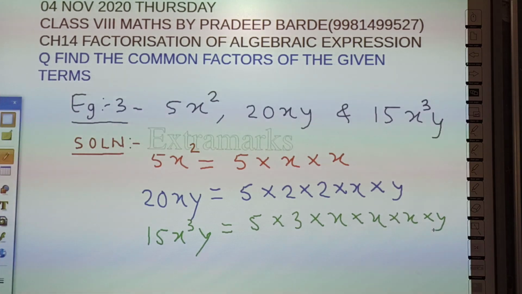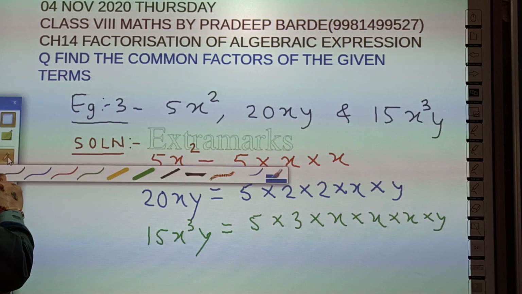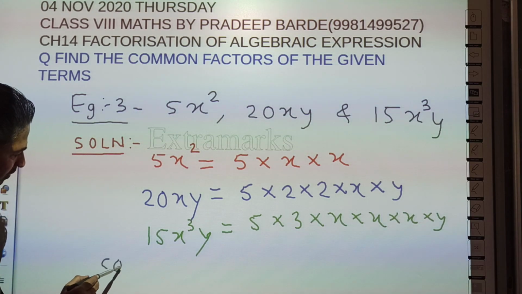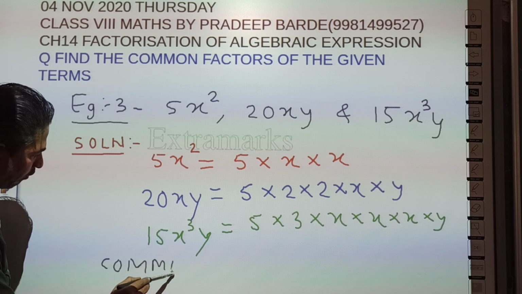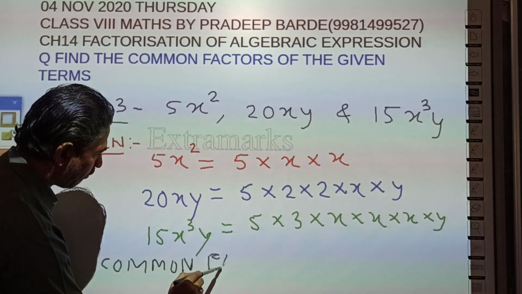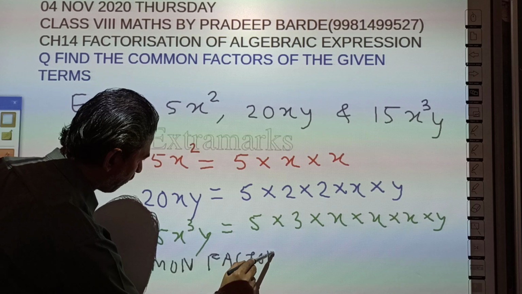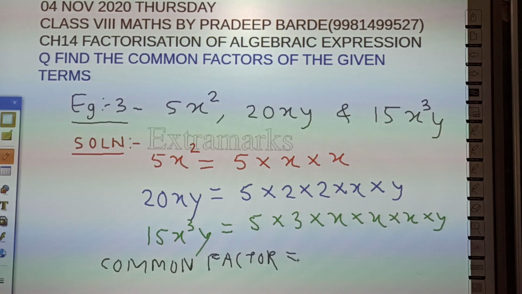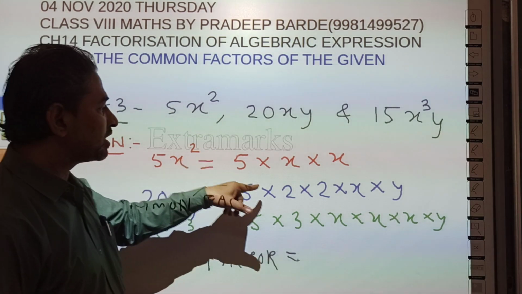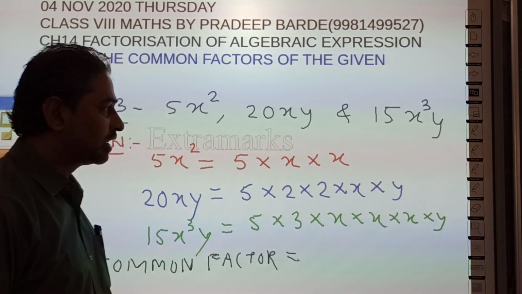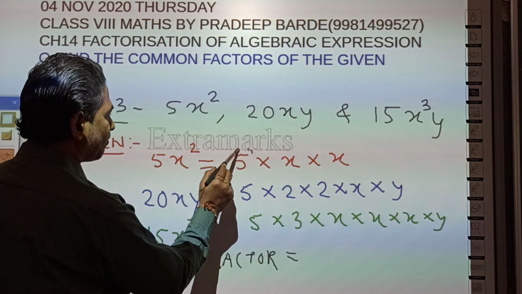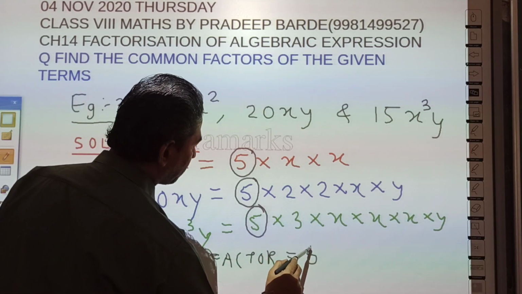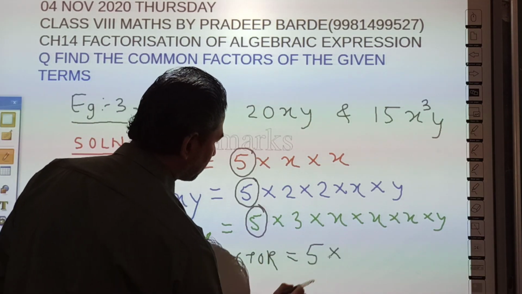Now we have to find out the common factors, students. So the common factor will be, now we have to see the common factor in all the three. तीनों में common होना चाहिए. ऐसे नहीं कि दो में common है उसको हम common नहीं कह सकते. तीनों में common होना चाहिए. देखिए, 5 is here, so I write here 5 as a common factor.